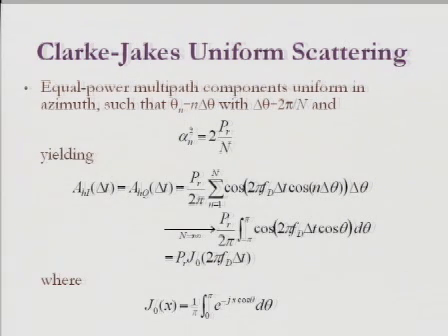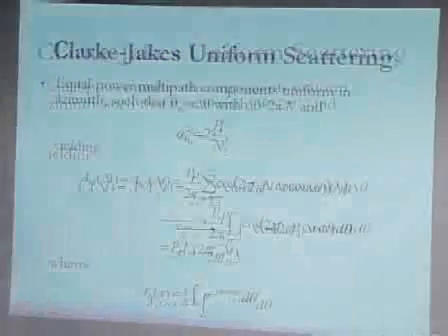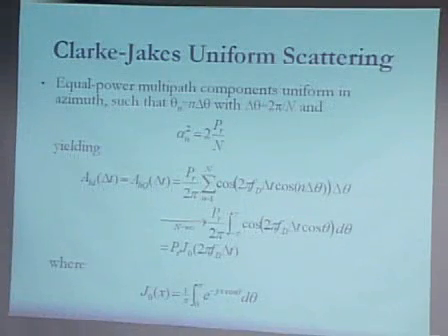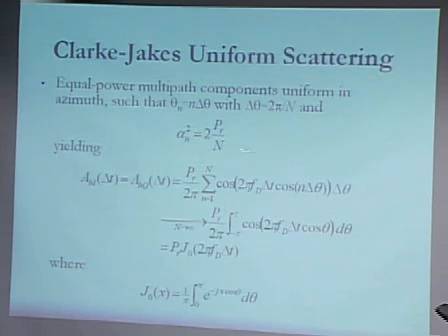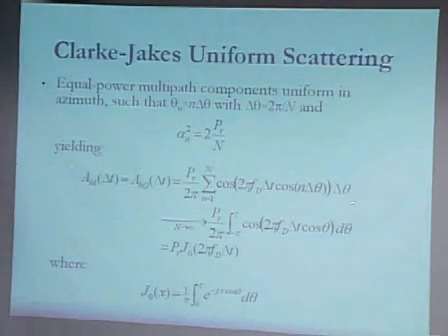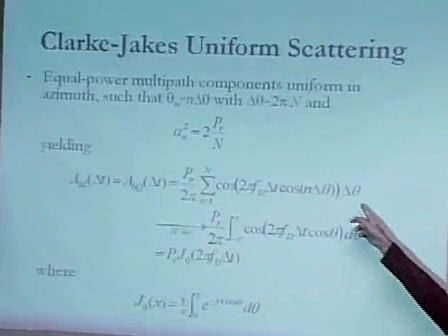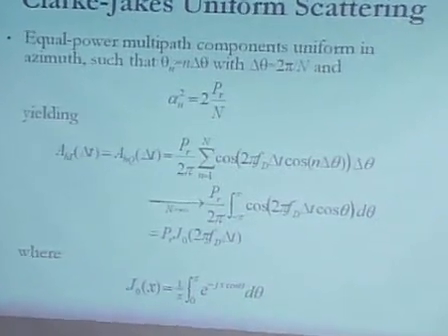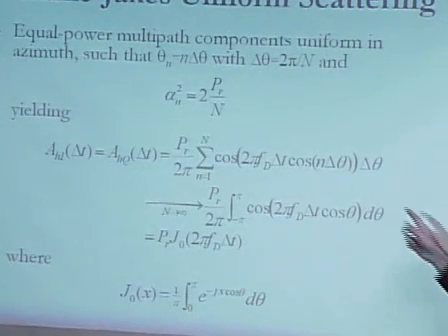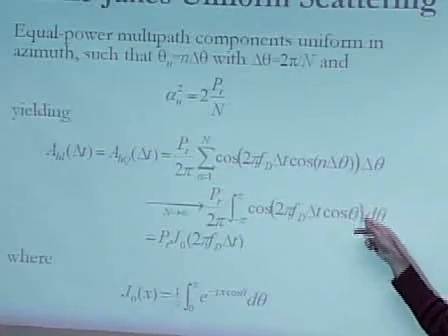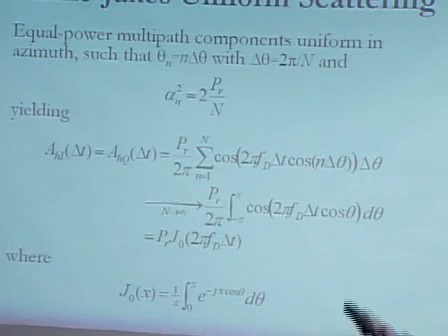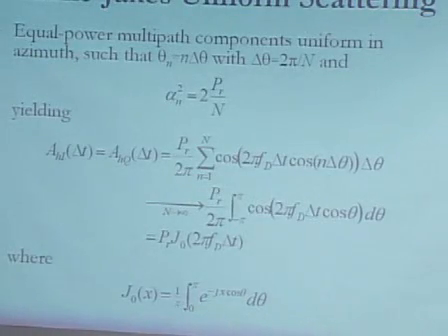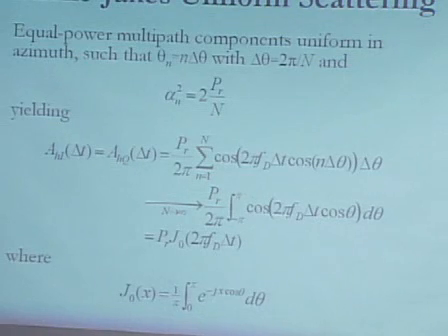Mathematically, this summation is going to become an integral that goes over 2 pi, from minus pi to pi, of the very same function, with now this delta theta. Remember, this is the difference in angle between two components. As the number of components goes to infinity, and they're infinitely close to each other, this becomes a differential angle.